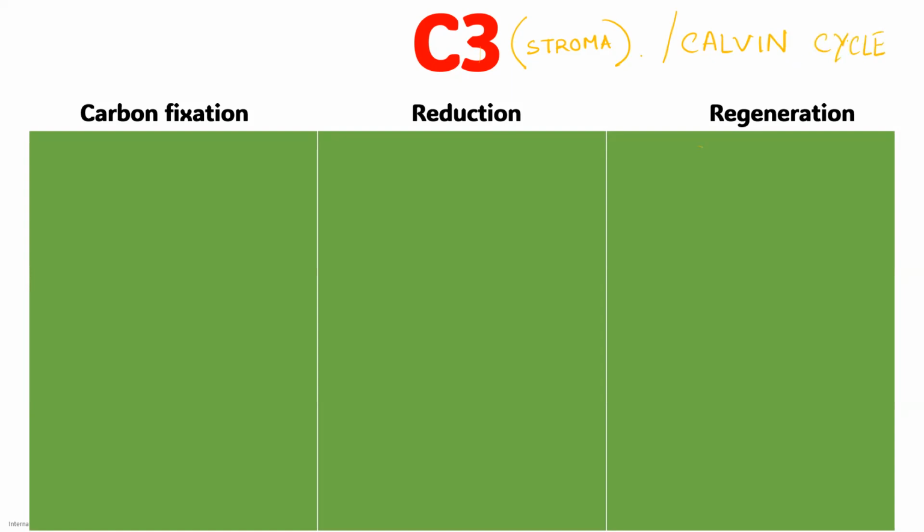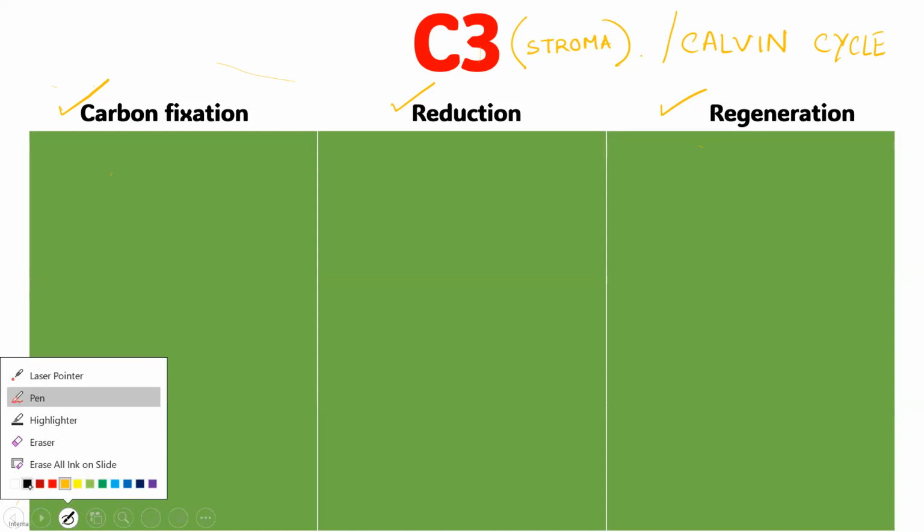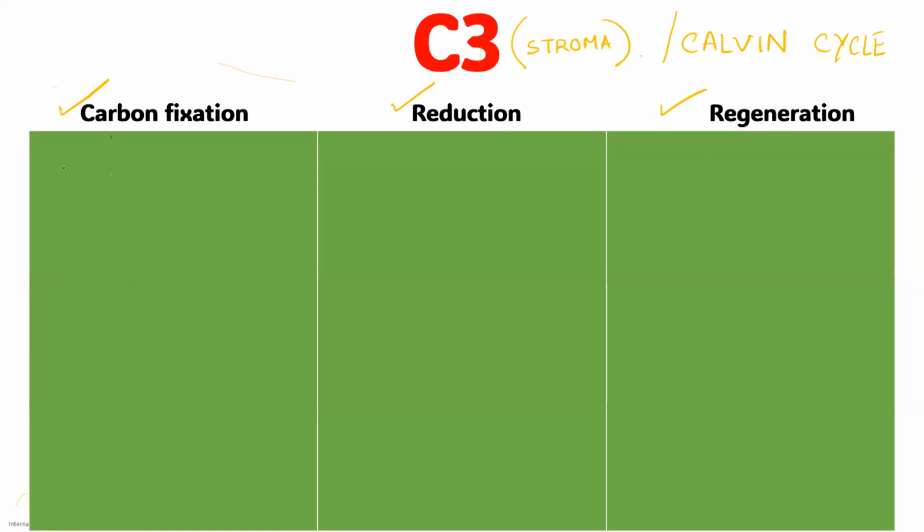The reactions of the Calvin cycle can be divided into three main stages: carbon fixation, reduction, and regeneration of the starting molecule. So what happens in carbon fixation? Let's see what is happening here.